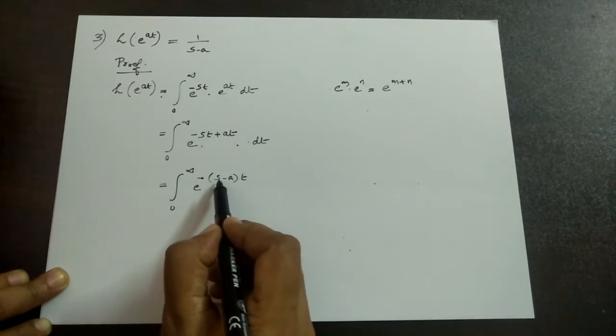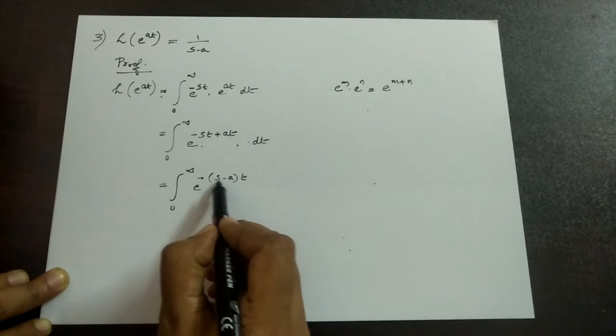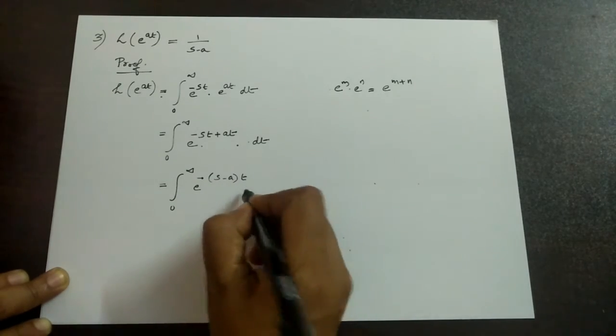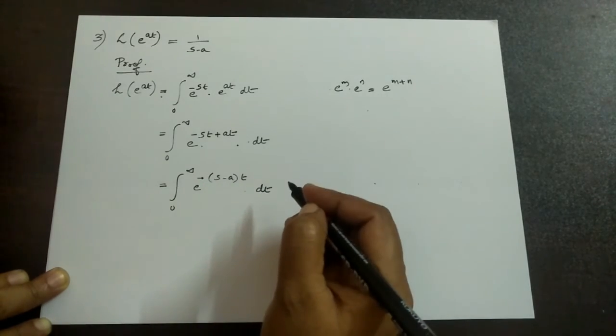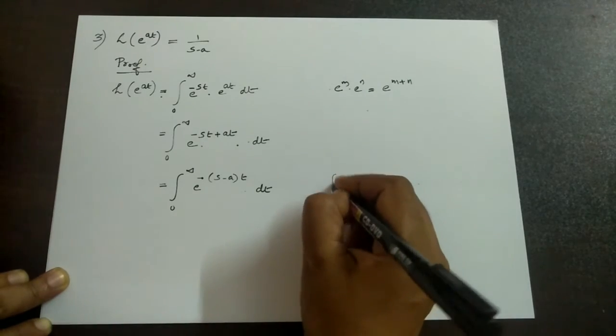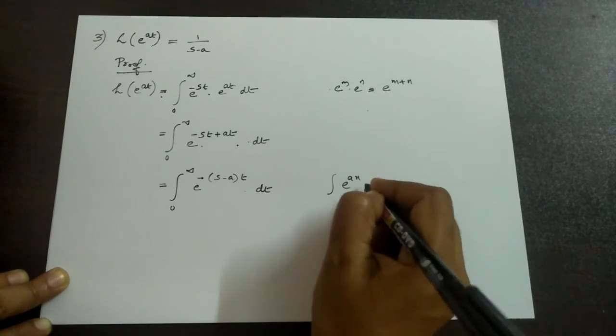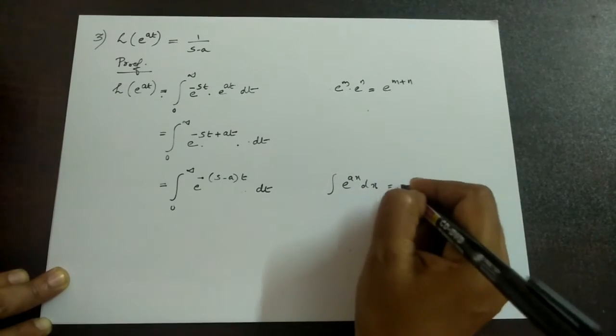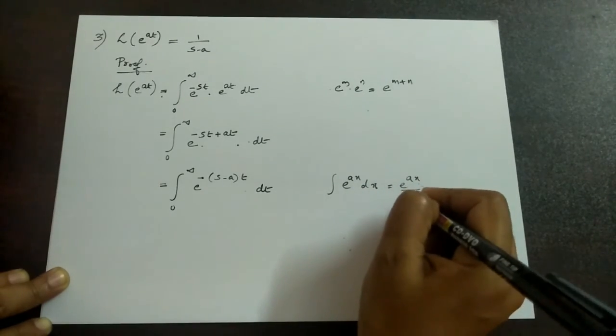This first term is minus st, then second term is plus at. Okay, into dt.